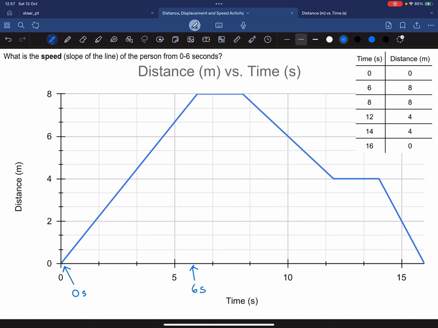Okay, we're going to get the change in the y values. Remember, this is the y-axis right here. And that is going to be y right minus y left, just like it was before.